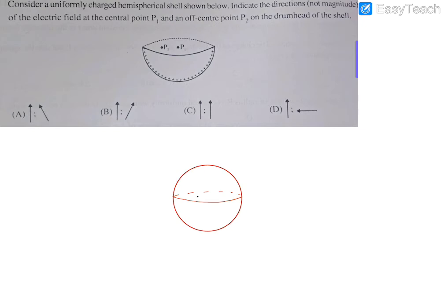Now this is something extra construction that we have done, and of course of the same charge density, right? Now at this P2 location, the field because of this upper half and lower half must be zero.